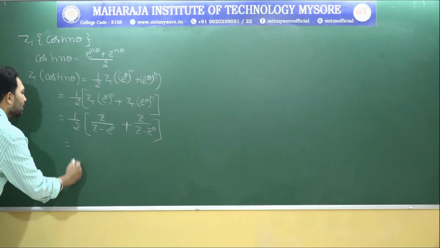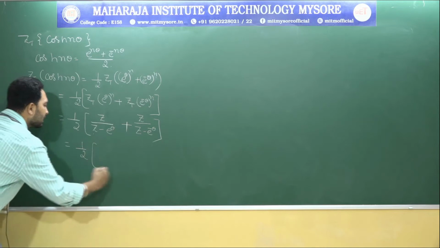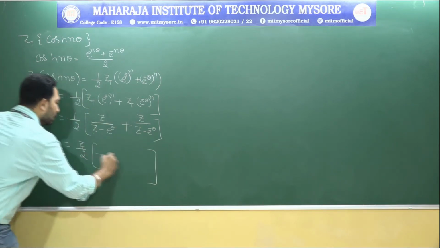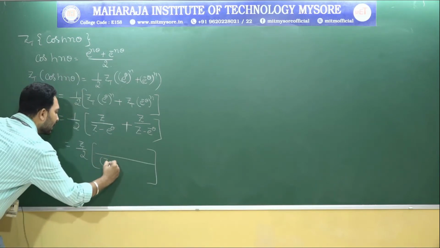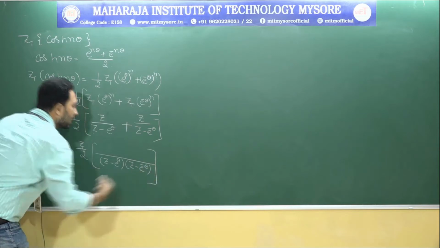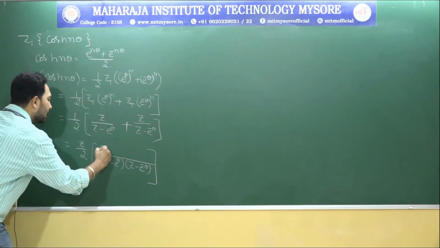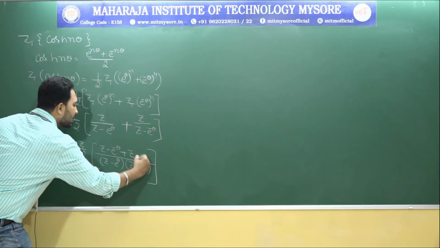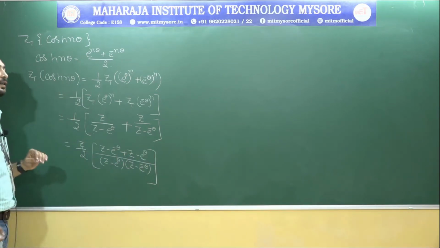By taking LCM, I can write this as, take this z outside, we'll get z minus e power theta into z minus e power minus theta. Cross multiplying, we'll get z minus e power minus theta plus z minus e power theta in the numerator.